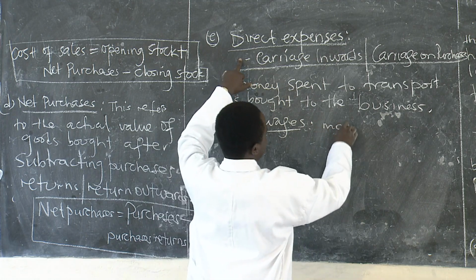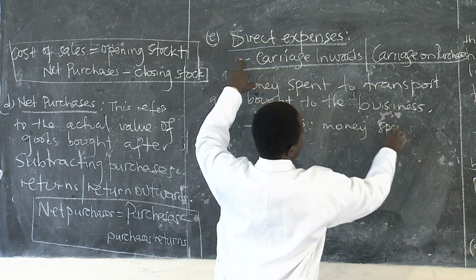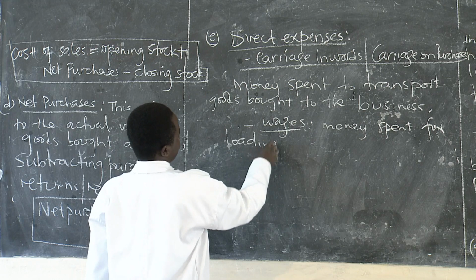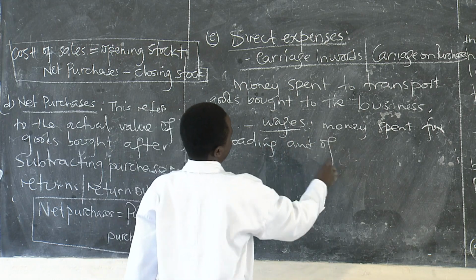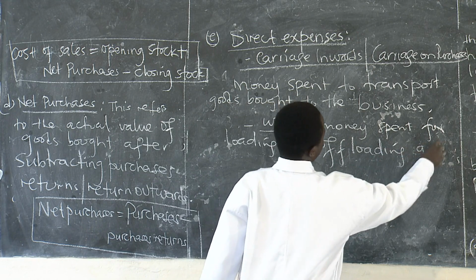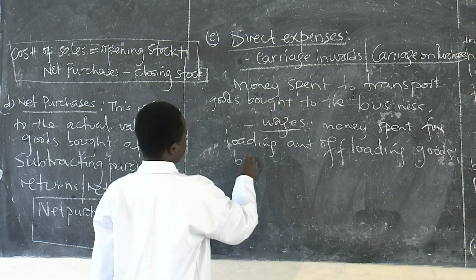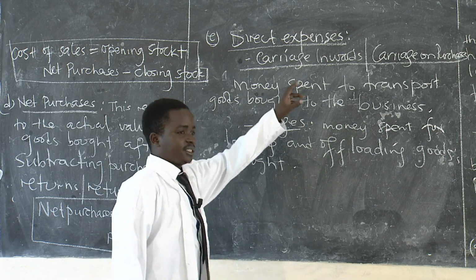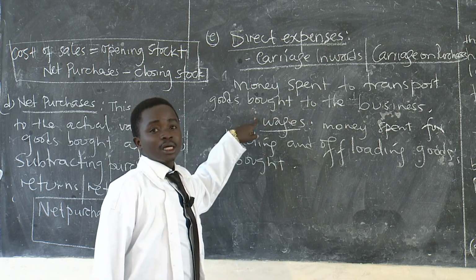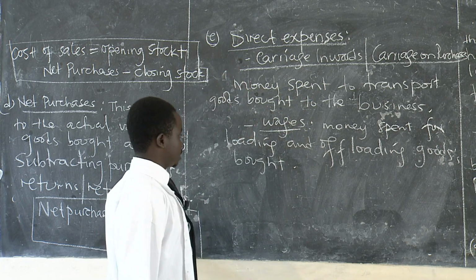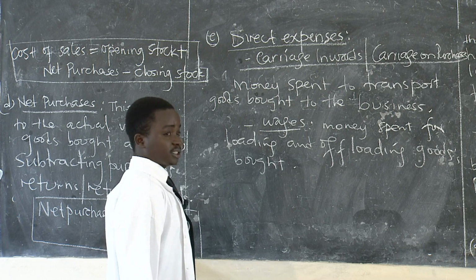So money spent for loading and offloading goods bought. When you have direct expenses like wages and carriage inwards, you add them with purchases. Then you subtract purchases returned.